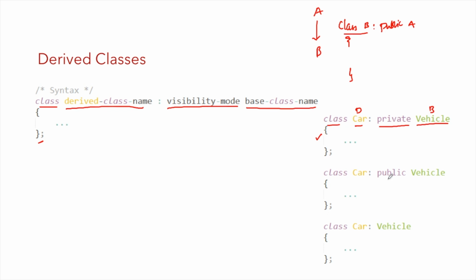In the other example, we have public as the visibility mode. Again, the private members won't be inherited, but protected members will still remain protected. Public will be inherited as is and will still remain public in the class car, which is your derived class. Now, this is a special case when you don't define any scope. By default, we know that private will be the default one, so you can assume this visibility mode as private over here.